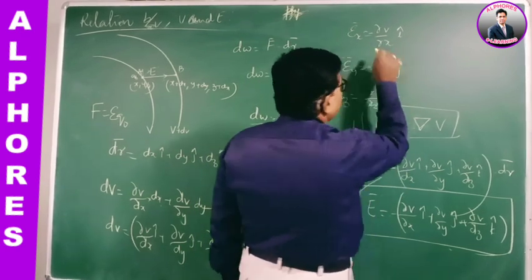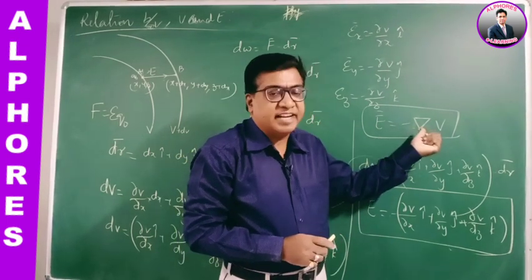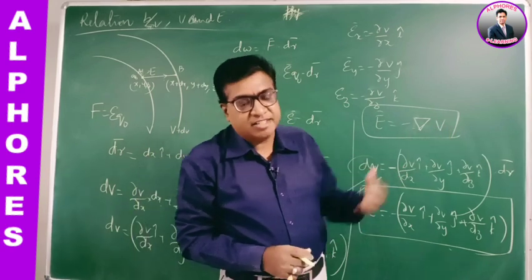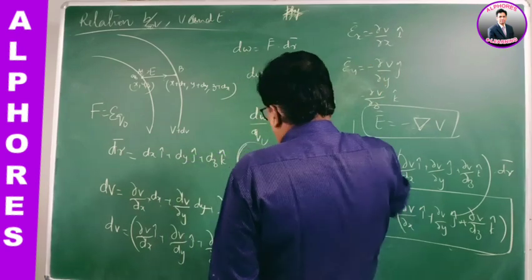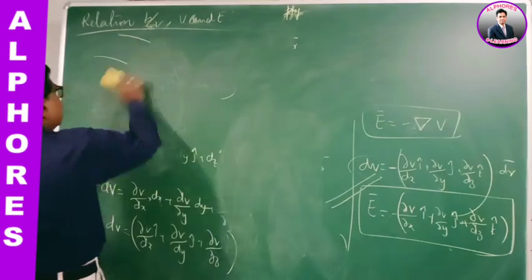You can represent the components in this manner. So the electric field is the negative of the gradient of electric potential. You can write it in vector form like this. This is the relation between potential and electric field.